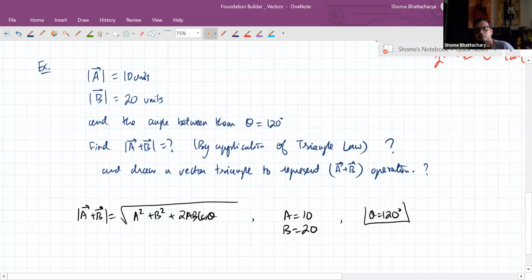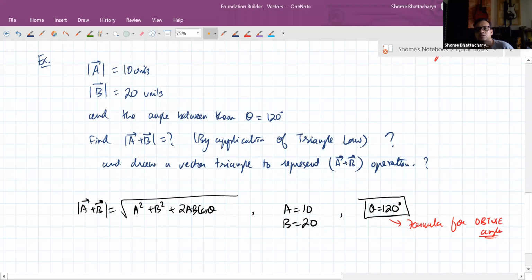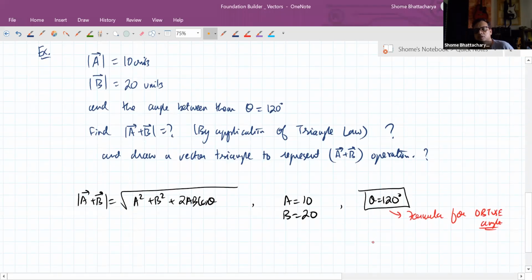Theta is 120 degrees. So we will use the formula for obtuse angle, which we just learned. And what is that formula? That formula is that cos theta is minus cos of 180 degrees minus theta. We will use this formula.